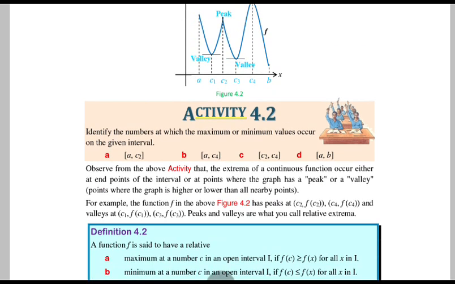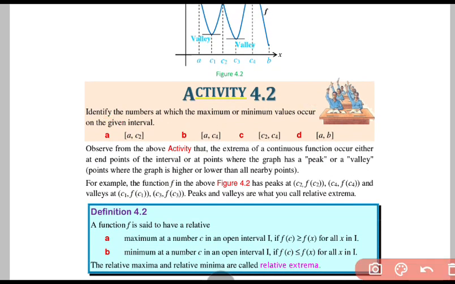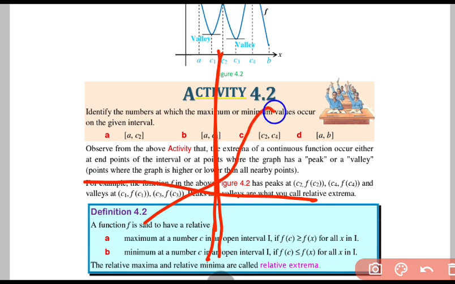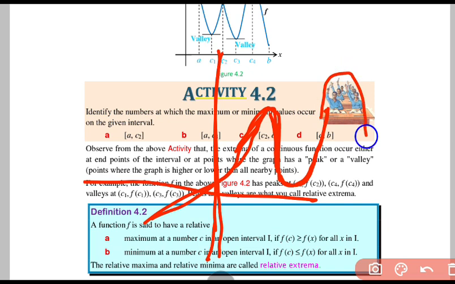Anyway, let me draw a graph. Where the function changes direction, going up and then down, or down and then up, a maximum or minimum value is created. The maximum and minimum together we call extrema.